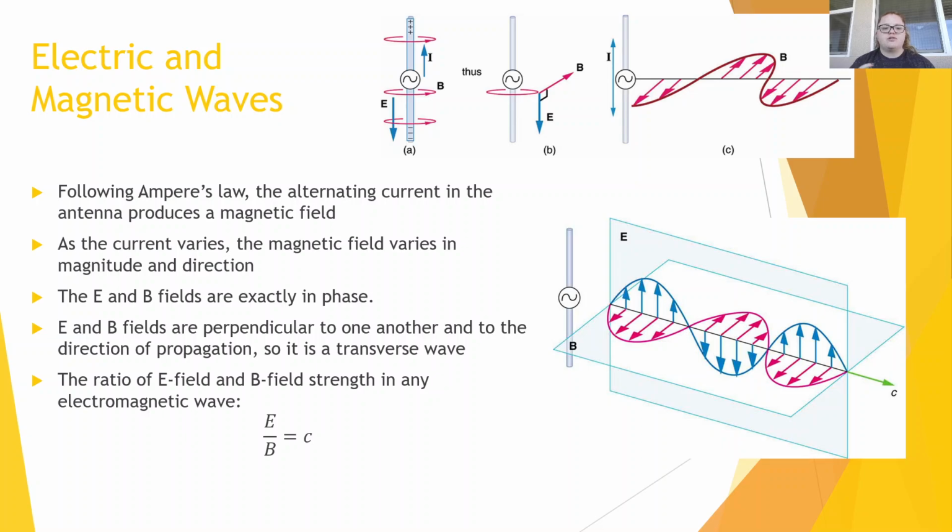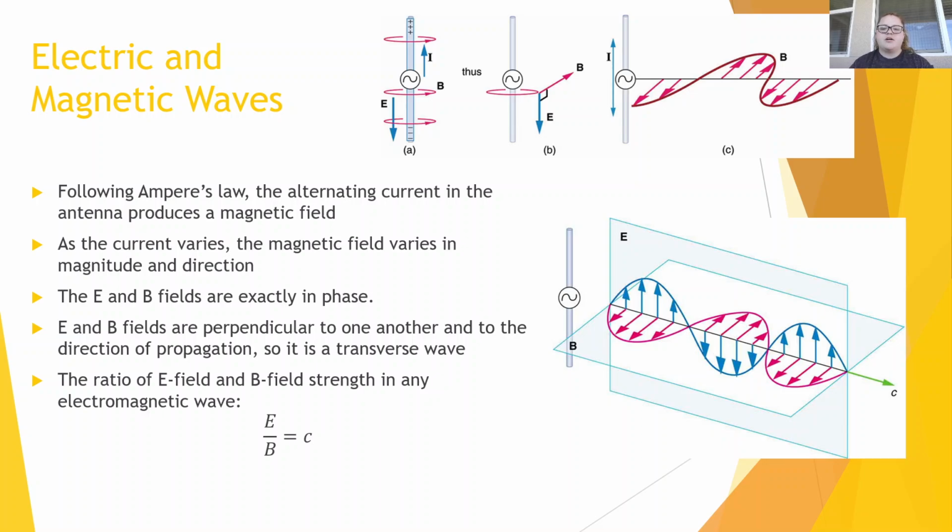All right, so what does that have to do with magnetism? Well, we know that electricity and magnetism are very tightly bound, and when we have an electric current, we will have a magnetic field.